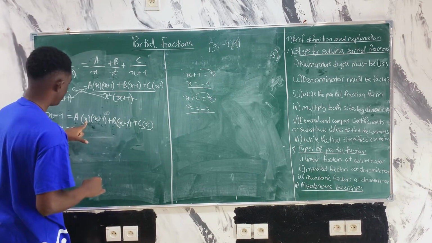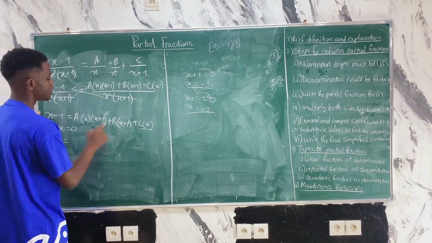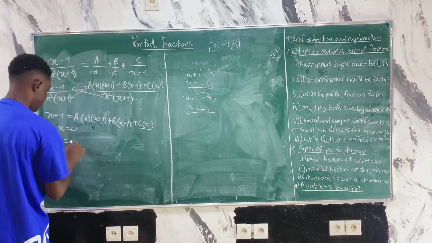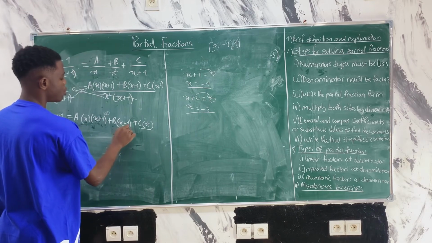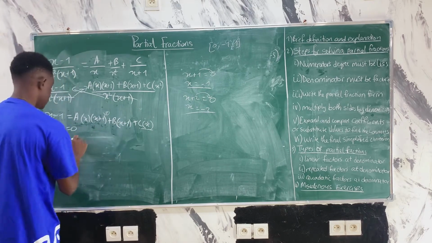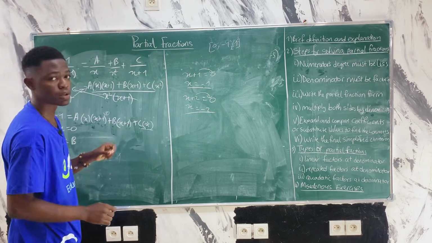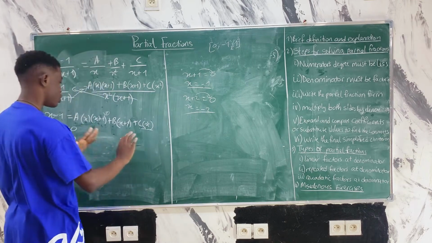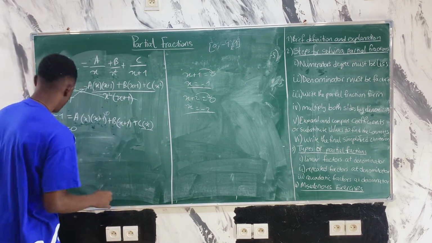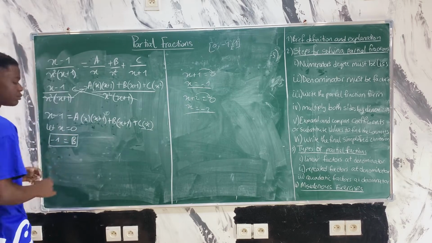It equals, when I put 0 here, 0 times a times (x plus 1) will be 0, so I can choose to not write it. If I put 0 here, I'll have 0 plus 1 is 1, and 1 times b is b. If I put 0 here, I'll have 0 squared, which is 0, so 0 times c will give 0, and I can choose to not write it. So, as simple as that, b is equal to negative 1.